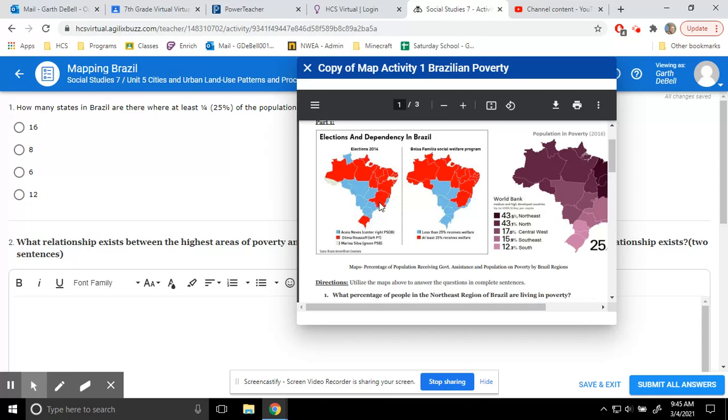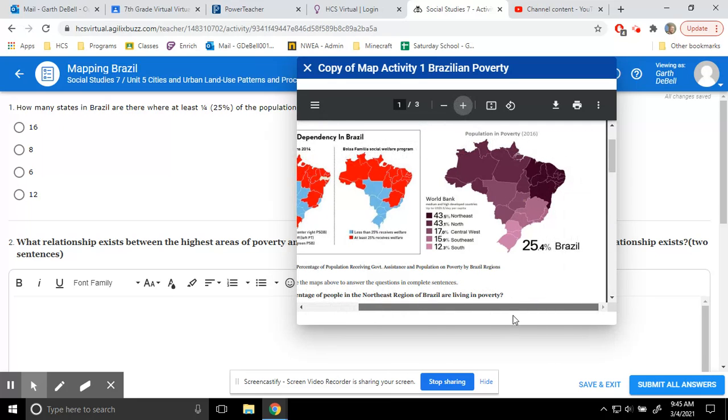And over here, the blue areas are voting for these people, and the red areas are voting for these people. So what they're trying to show is that if there's more welfare in an area, then they tend to vote for this group. If there's less welfare, they tend to vote for this group. All right, so that's the connection being made there.